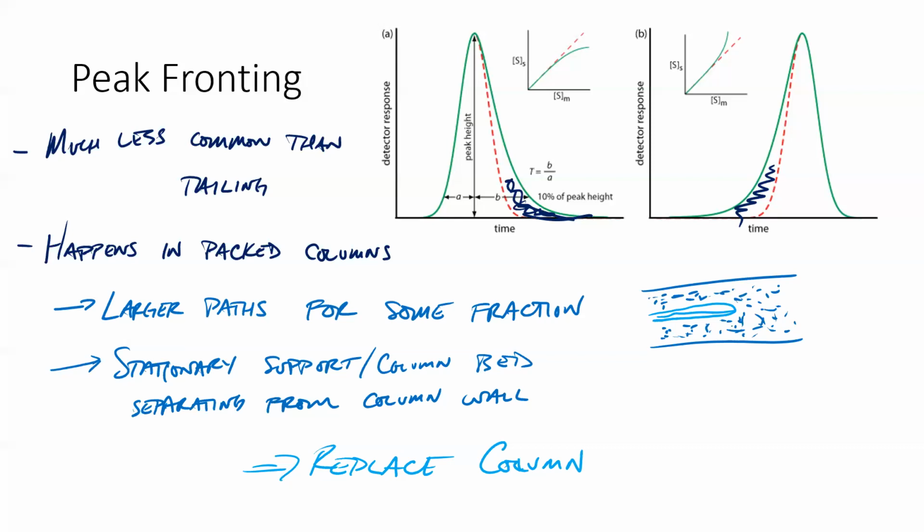And so you can imagine that if we have very nice pretty peaks, it's easy to calculate if it's 1.5 or not. But if we have peaks that are tailing, it's a little bit more difficult to see where that 1.5 is.